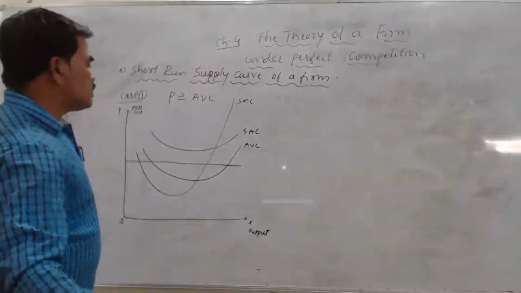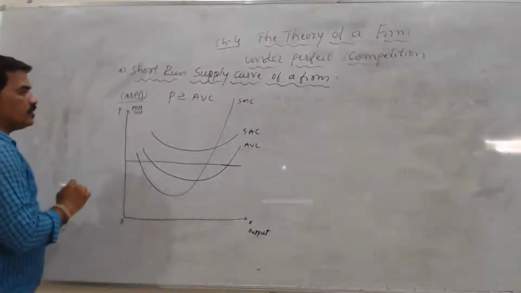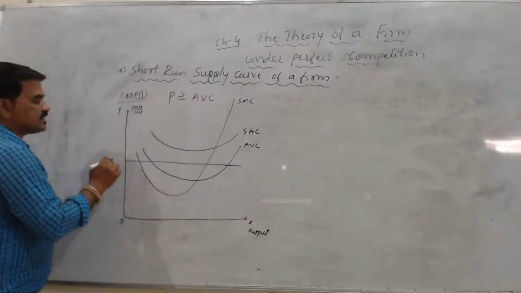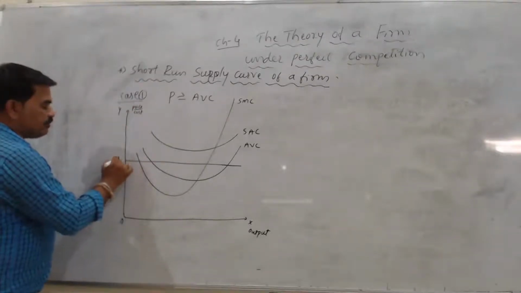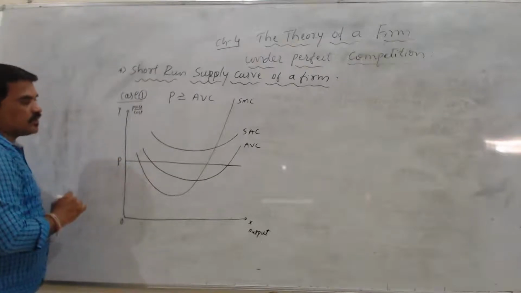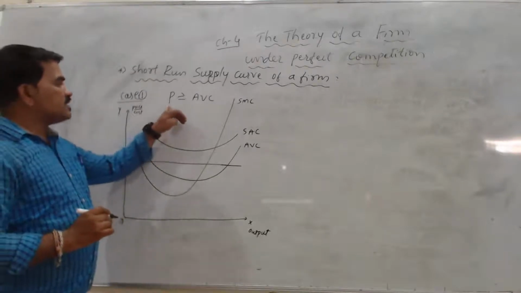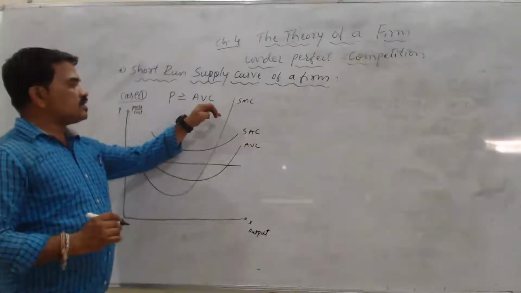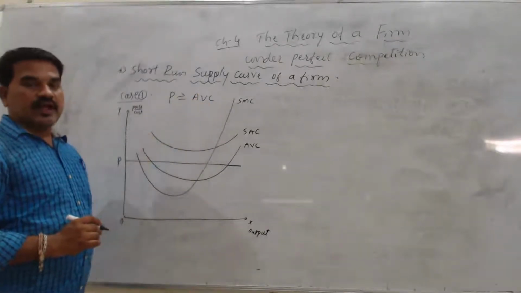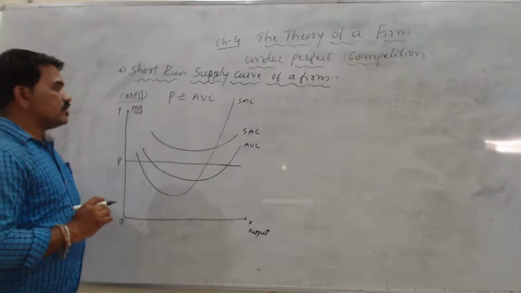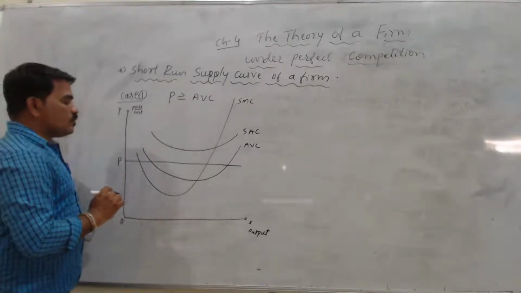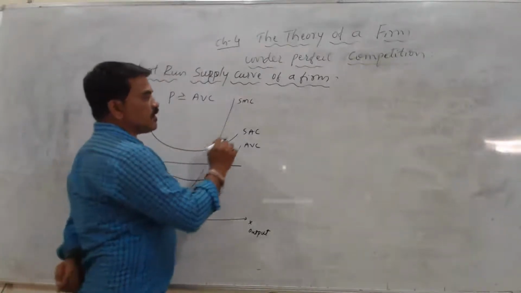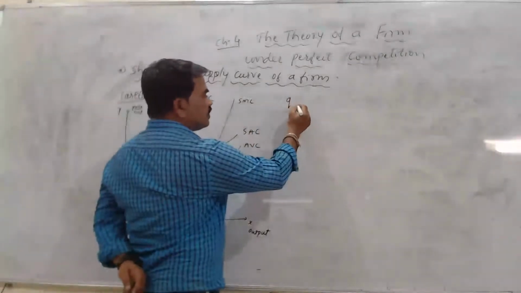Okay, so in this first case, P is the price here. If my price is greater than or equal to average variable cost at this level, I will make maximum profit. We will see now. What is the quantity we need to select? We need to select the quantity Q1.